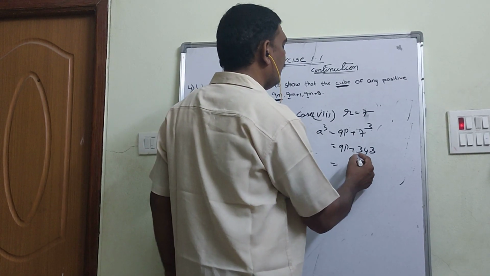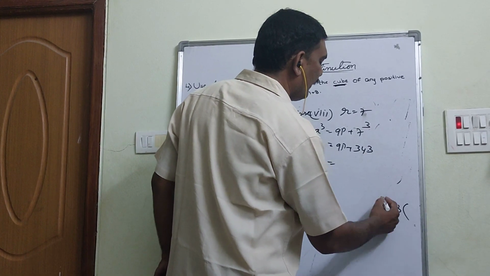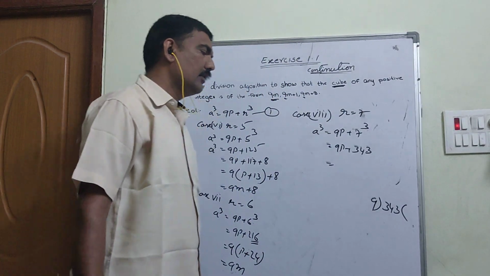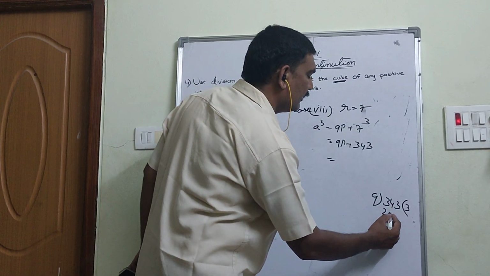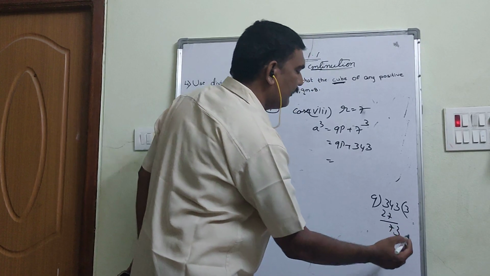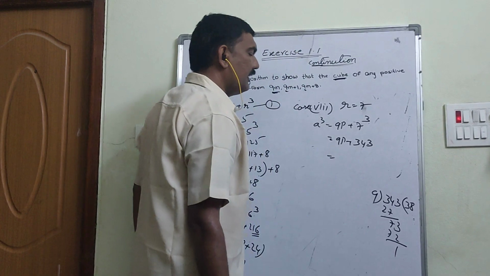So again 343, if you divide with 9, 9 3s are 27, 73, 9 8s are 72, 1 is there.